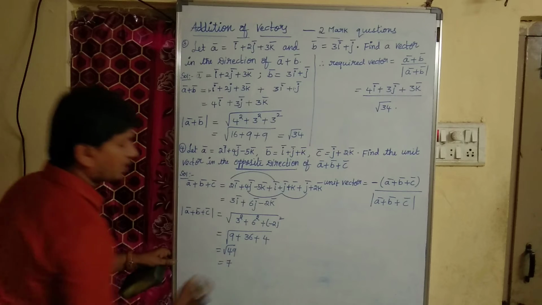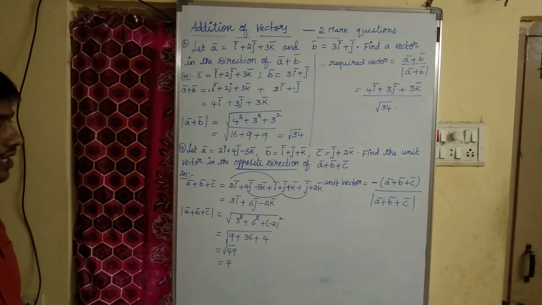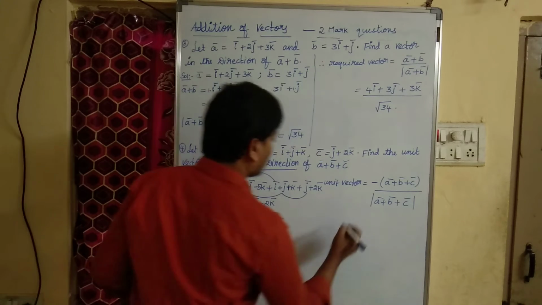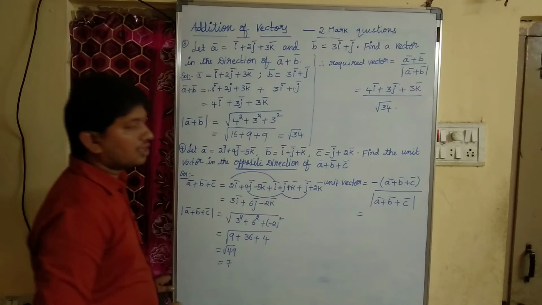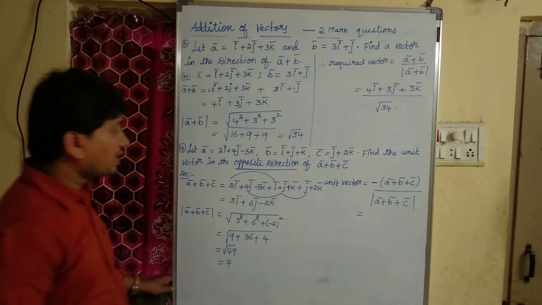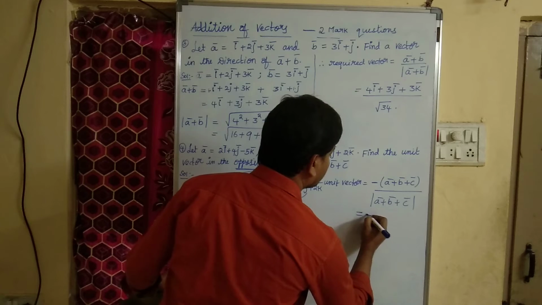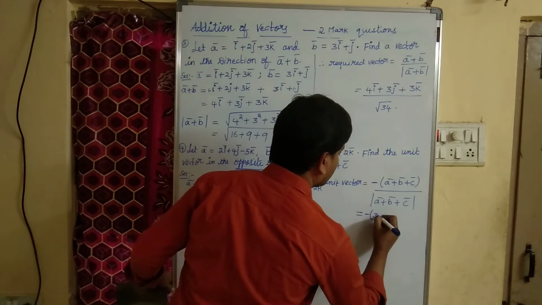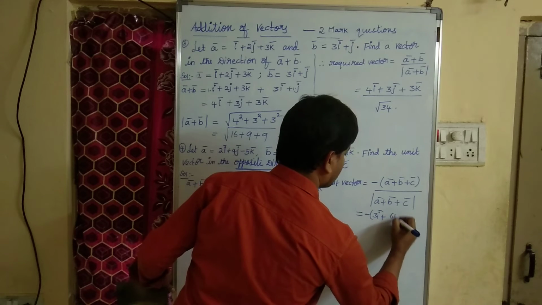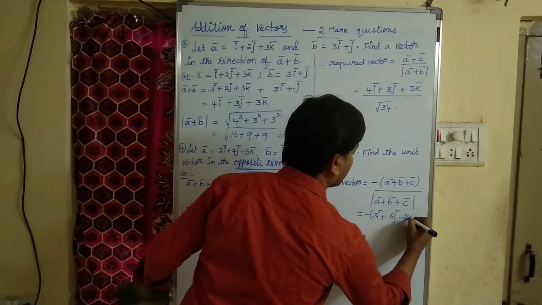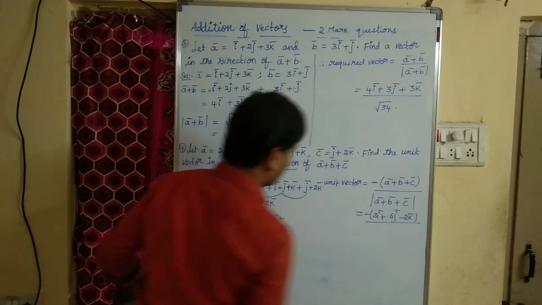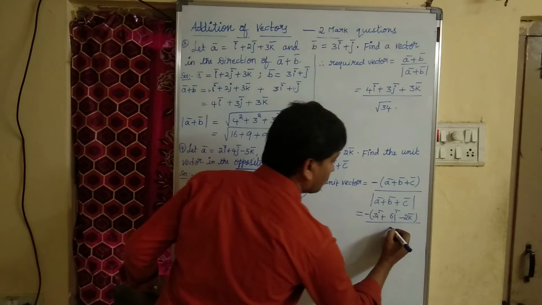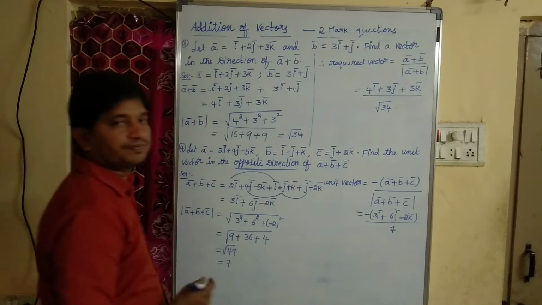What is the square root of 49? That is 7 units, right? So unit vector in the opposite direction of A bar plus B bar plus C bar is minus of, what is A bar plus B bar plus C bar? That is 3I bar plus 6J bar minus 2K bar by modulo of A bar plus B bar plus C bar is 7 unit. Okay.